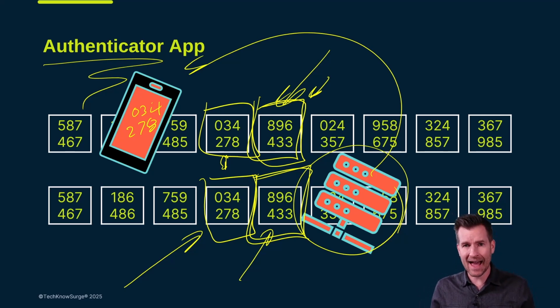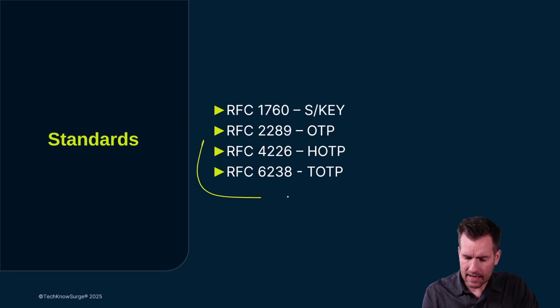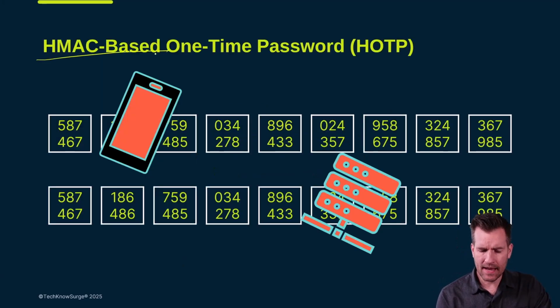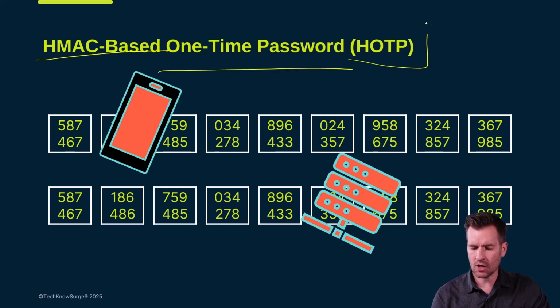But how does that happen? Well, HOTP and TOTP are two solutions that help coordinate between devices that are not communicating but be able to come up with the same number. We're going to take a look at HMAC-based one-time password, or HOTP.